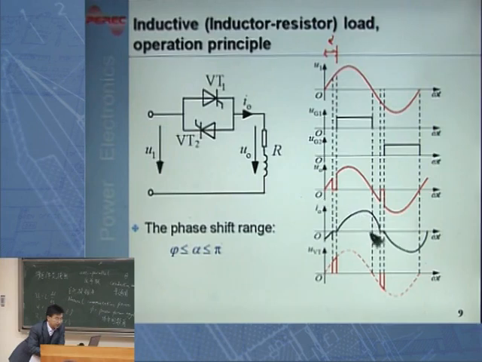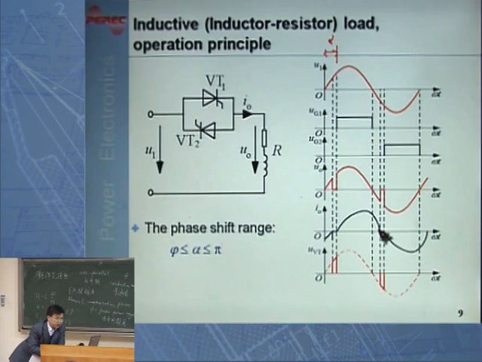You have already said that because this is a positive input voltage, therefore when VT1 is conducting, for most of the time you are charging up this inductor. So the inductor current will be increasing like this. And then when this input voltage is getting negative, this current will be decreasing.